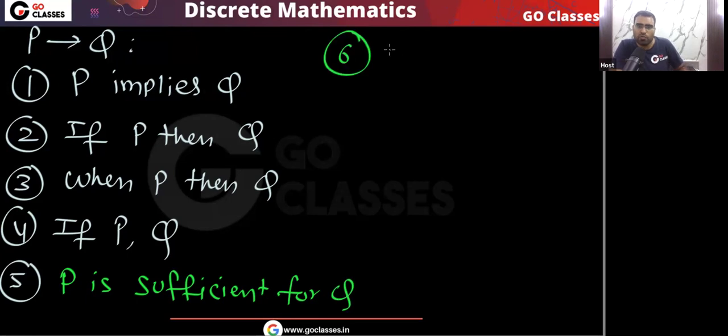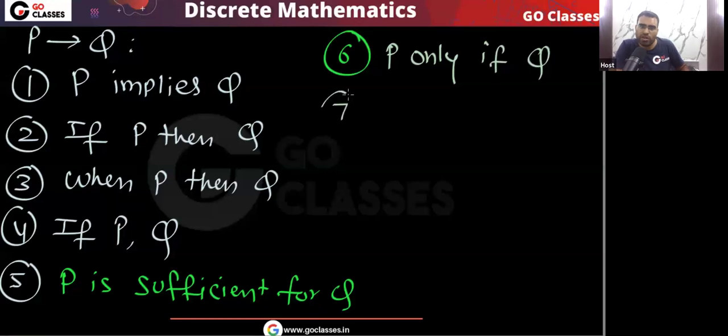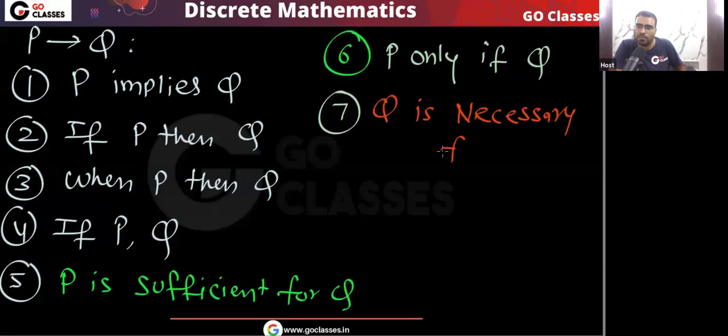P only if Q. Correct? Or you can write like this, that Q is necessary for P. Tell me. Understood? Let me know. All these are the different English translations of P implies Q.